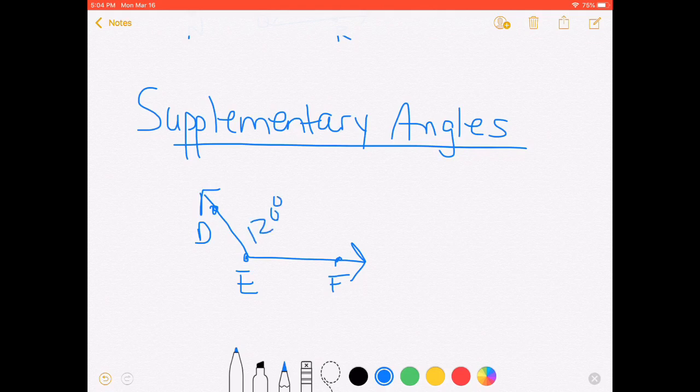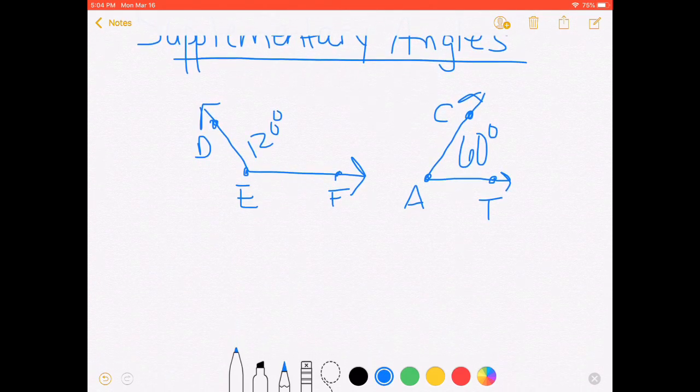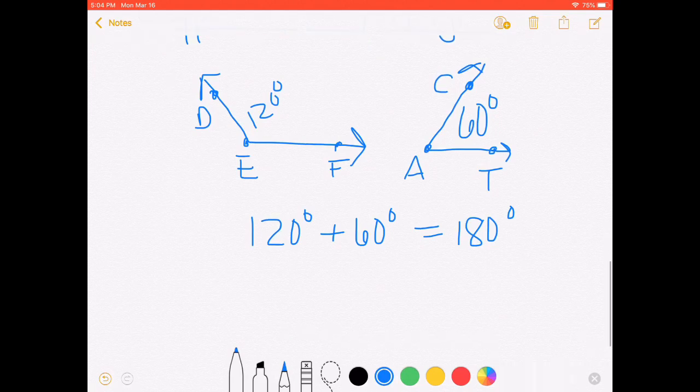And then we have a smaller angle over here. Let's say this is angle CAT, and this is measure 60 degrees. Then we would say that these two angles are supplementary because 120 plus 60 degrees is equal to 180 degrees. So any two angles whose measures equal 180 are supplementary angles.